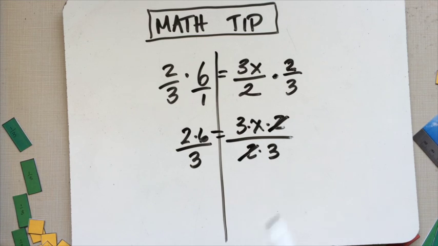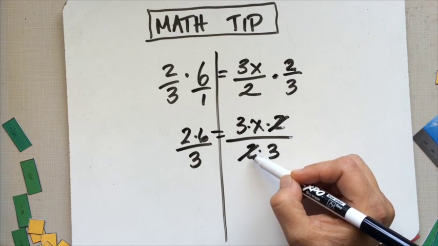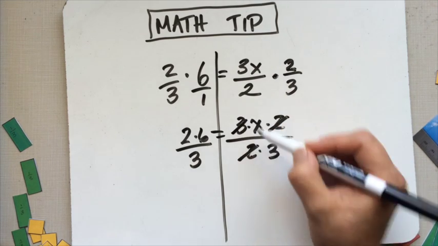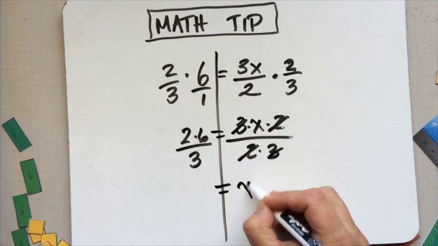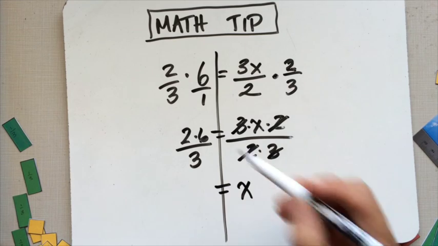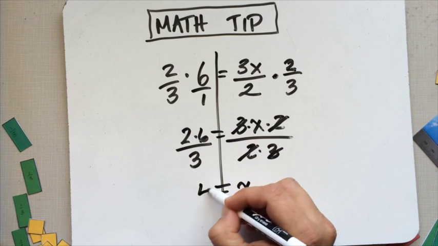They equal a 1. 2 divided by 2 is a 1. Remember, 1, 2 has to be in the numerator, 1 has to be in the denominator. 3 divided by 3 is 1. And x divided by 1 or x times 1 is still going to be x. It's going to keep its identity. And over here, I got 2 times 6, which is 12, and 12 divided by 3 is 4.